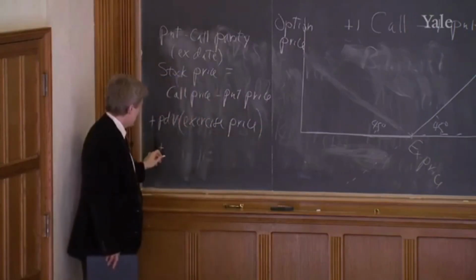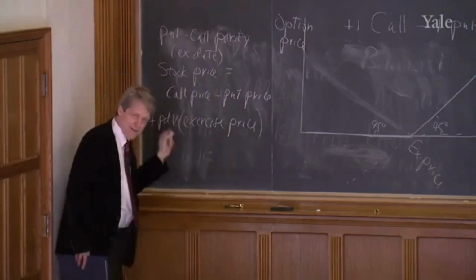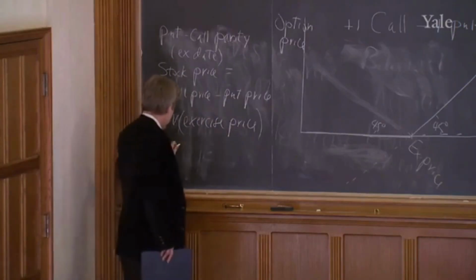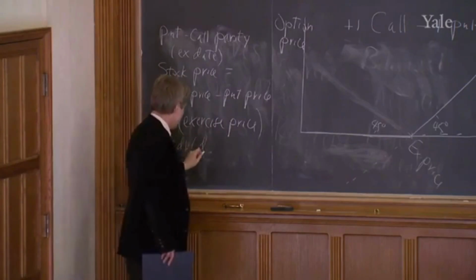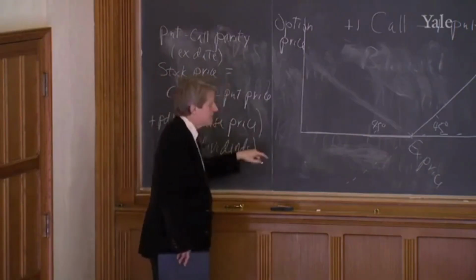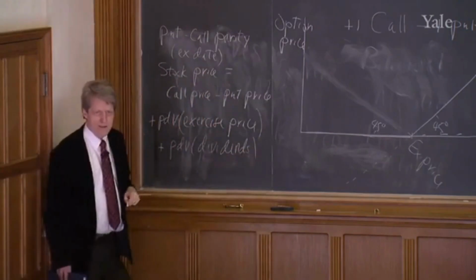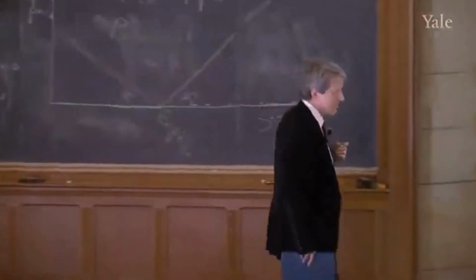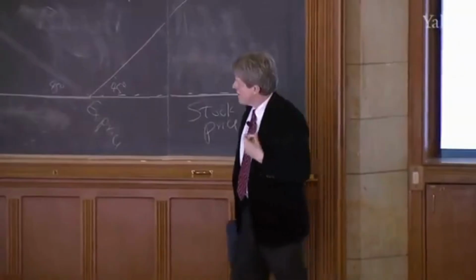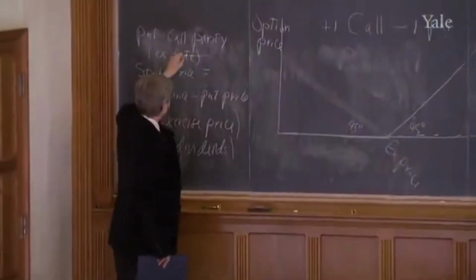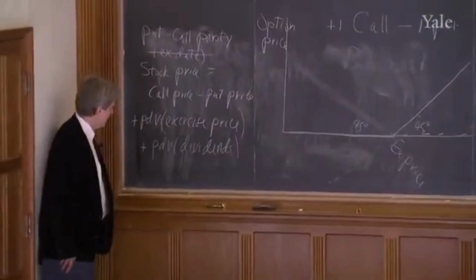And also, we have to add in case there are any dividends paid between now and the exercise date, plus the present discounted value of dividends paid between now and the exercise date. Because the stock gets that, and the option holders don't. Okay? So that's called the put-call parity relation. And now I can cross out exercise date. This should hold on all dates.